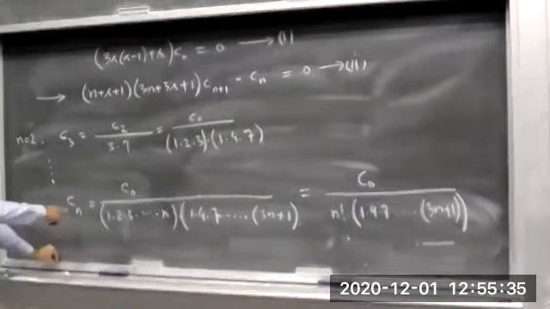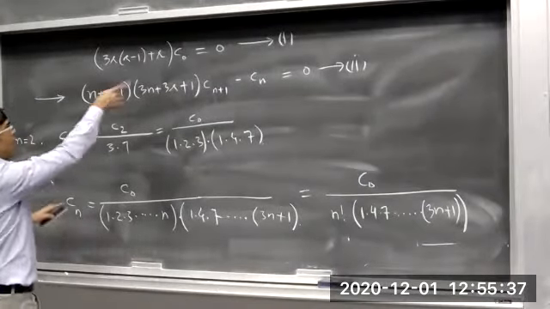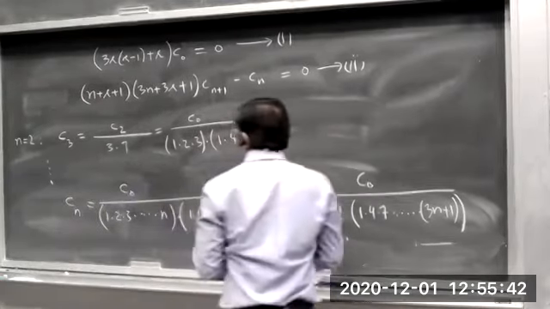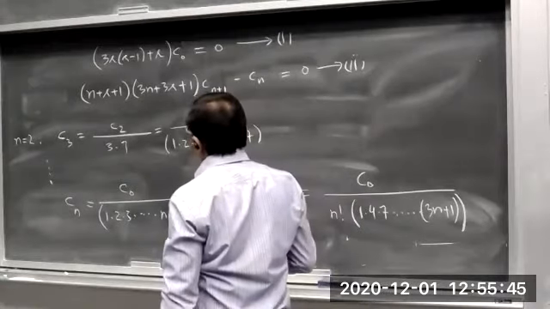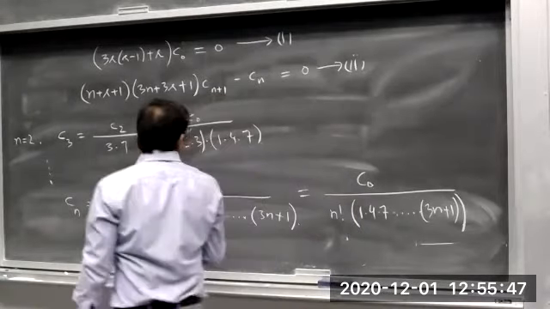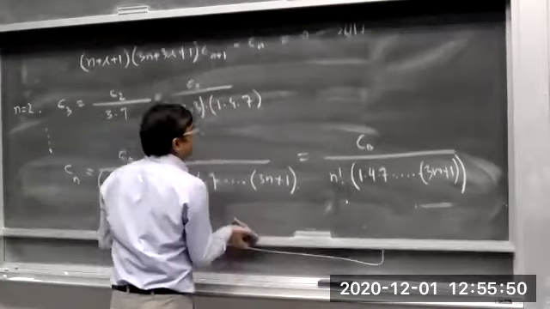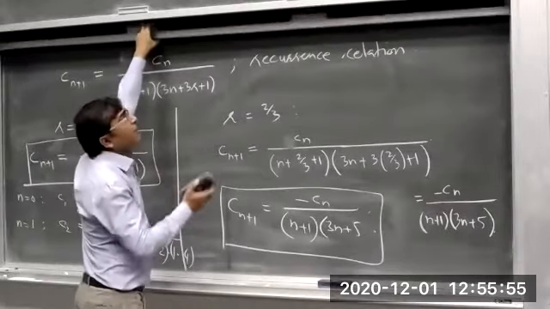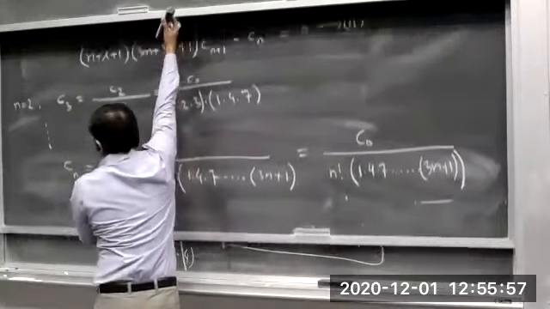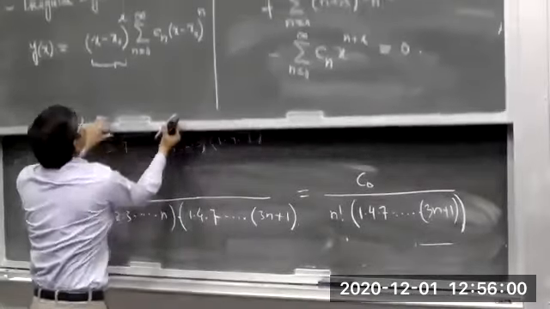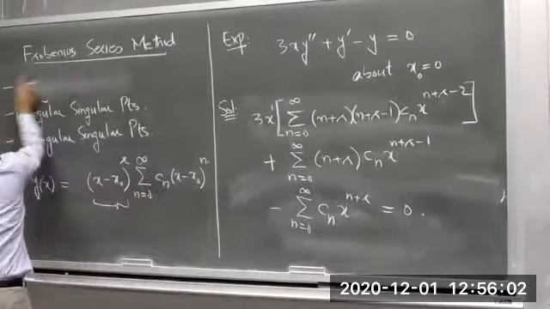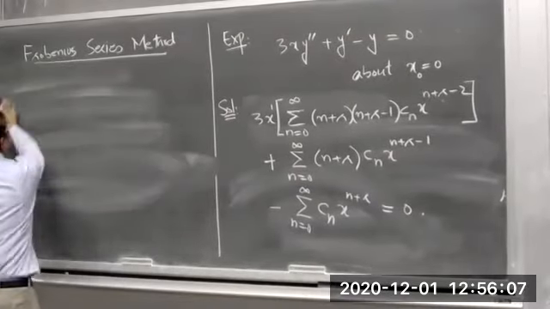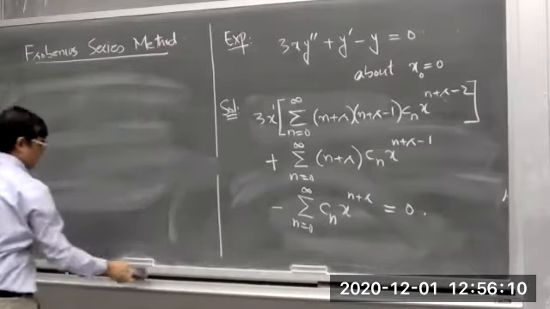So if you obtain Cn corresponding to r is equal to 0, then our power series will be of the form what? Let me write it here.